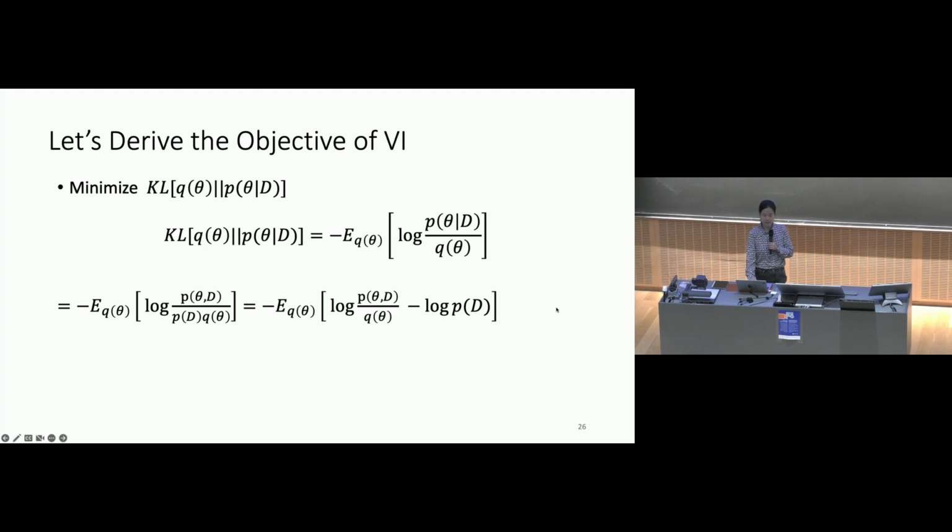Then, because the log of a product equals the sum of logs, and also because this log marginal likelihood is independent of the Q distribution, we are going to move this log marginal likelihood out.